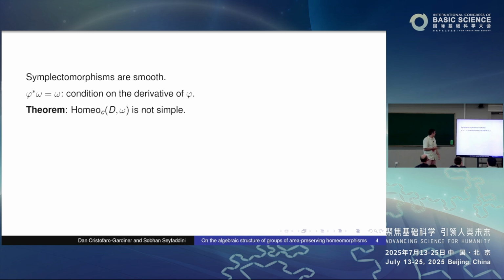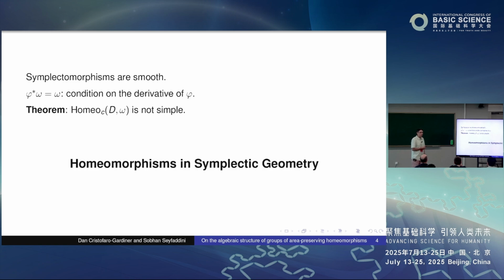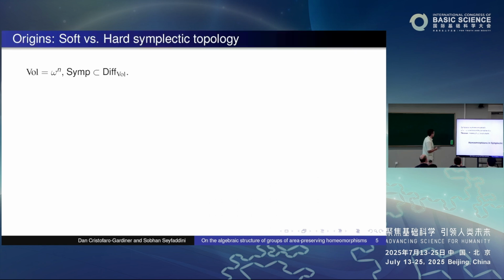However, the main theorem of today's talk is a statement about homeomorphisms, non-smooth objects. So why is it that symplectic topology, which is inherently a smooth field, is able to answer questions about homeomorphisms? I just want to say a few things about the philosophy behind what goes into here.